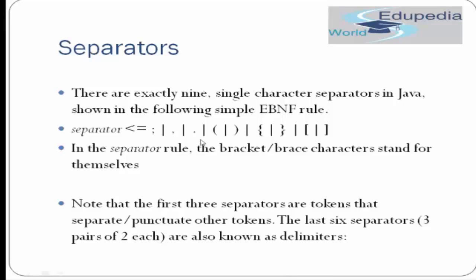The first 3 separators, that is semicolon, comma, and dot, are able to separate other tokens, and the remaining 6, that are the braces, 3 types of braces, curly brace, round brace, and bracket, are known as delimiters. So whatever you put in those braces is computed, and whatever you use with the first 3 separators is used to punctuate other tokens.